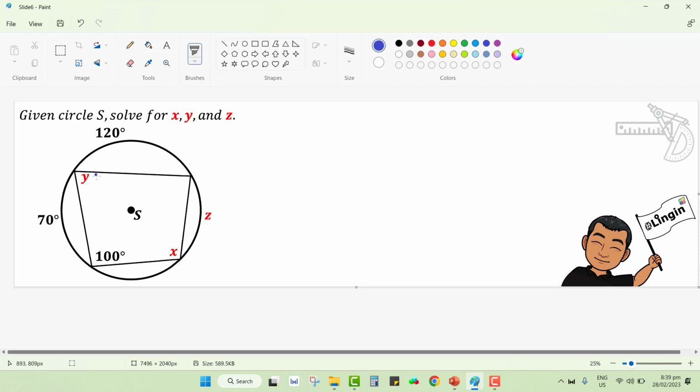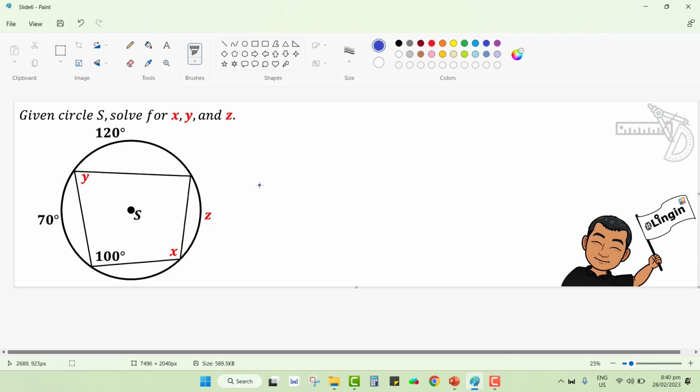For angle y, this is also an inscribed angle, and its intercepted arc is this arc here that is not yet labeled as any variable, and this arc which is labeled as z. And as I have mentioned, z represents this minor arc here, which is part of the combination of arcs that is intercepted by angle y.